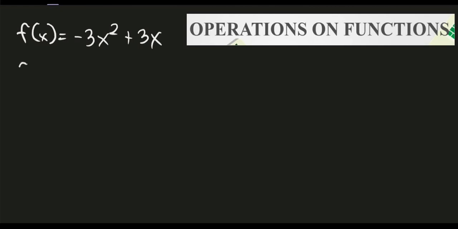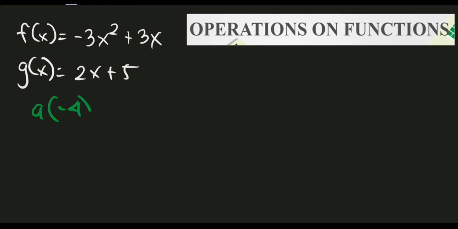Next, for function g, or g of x, let's say we have 2x plus 5. So what will be the value of our given expression if we perform this operation? Let's say we have f of negative 4 divided by g of negative 4.